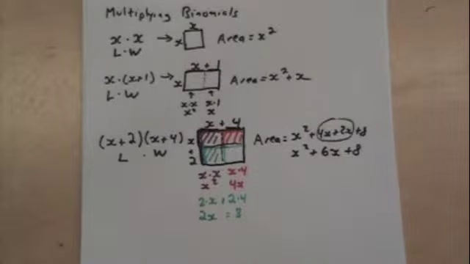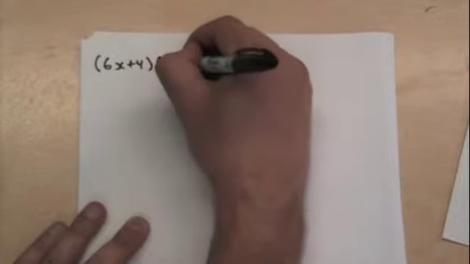Okay, so we've done some fairly easy ones. Let's get slightly more difficult here and do 6x plus 4 times 2x plus 1.